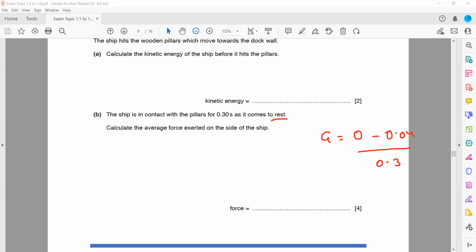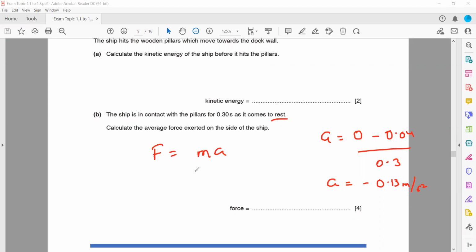This will give us the acceleration of the ship, and I will get a negative answer. Why am I getting a negative answer here? Because this negative answer only shows that the object is decelerating. Whenever you get a negative acceleration, it means the object is slowing down. But from a calculation point of view, we just need the magnitude, just the number.